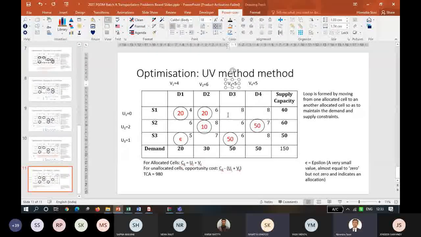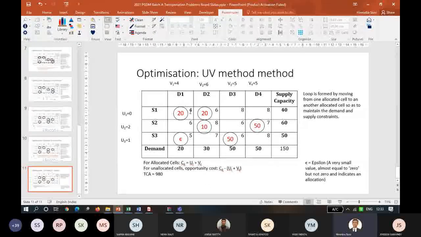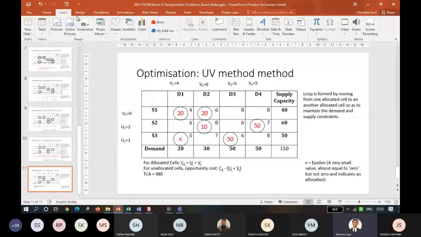So now we will start calculating the opportunity cost. Let us do it for S1D3. हम यहाँ पर Cij minus Ui plus Vj. This is the formula which we are going to use.